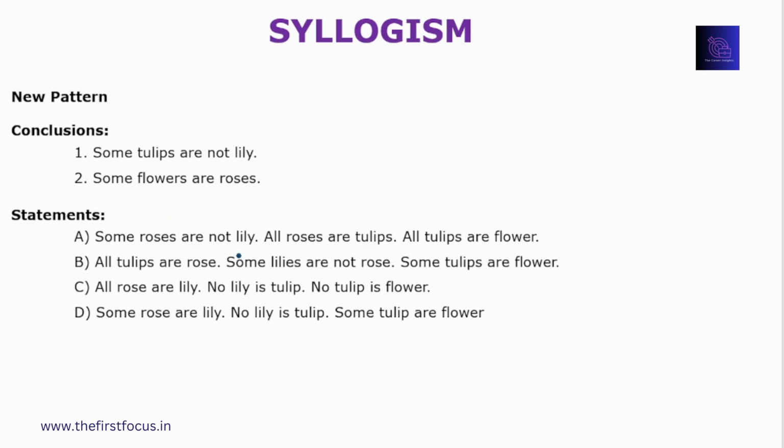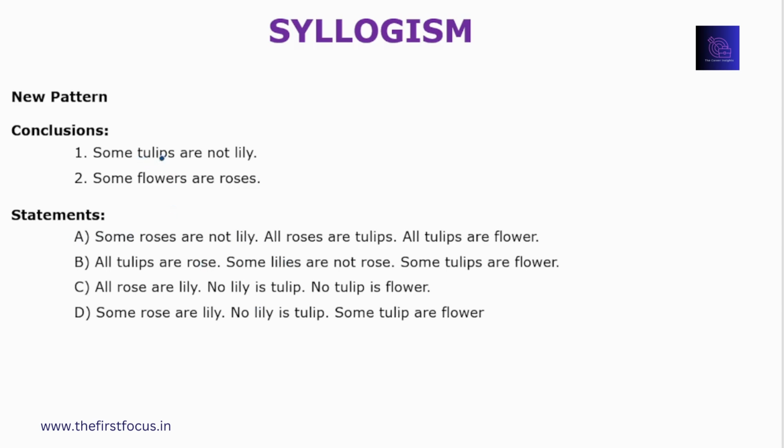See the four statements. Negative, positive. Negative, positive. Negative, positive. Negative, positive. Yes, the four statements contain both negative and positive statements. So we cannot eliminate by this method. So we have to check each and every statement.